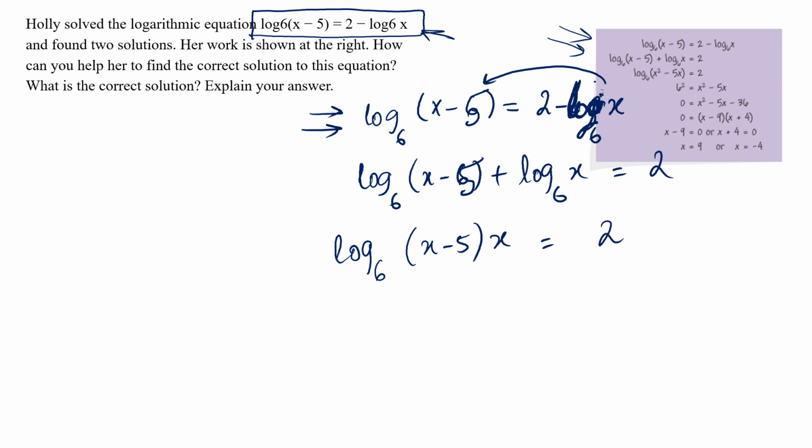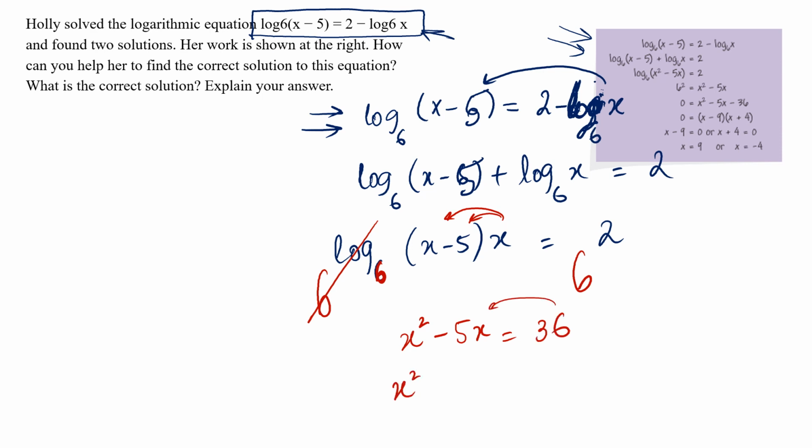Now to get rid of this log, I have to raise the power of 6 because this has base 6. Open the bracket: x times x is x squared, x times 5 is negative 5x, and 6 squared means 36.